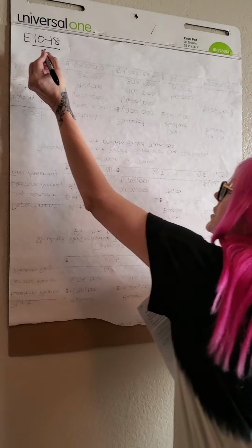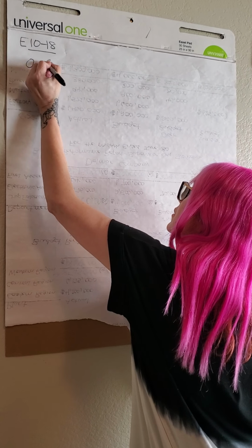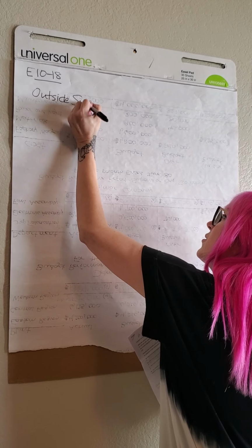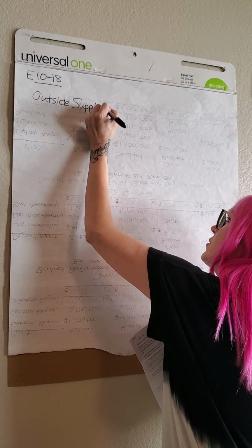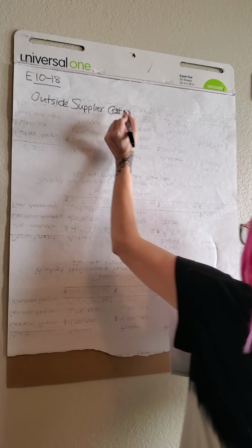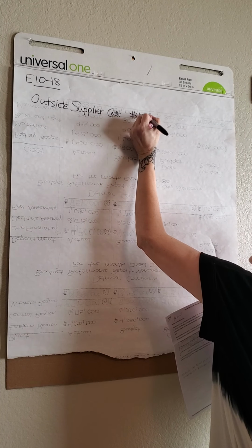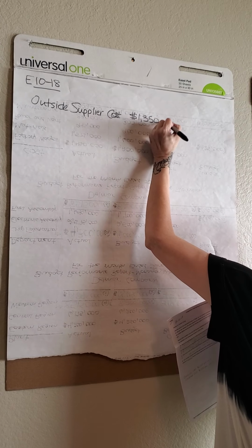So I'm going to put up a few things of information here. So we've got outside supplier cost. What our company has to pay if we purchase from an outside supplier is $1,350 per unit.